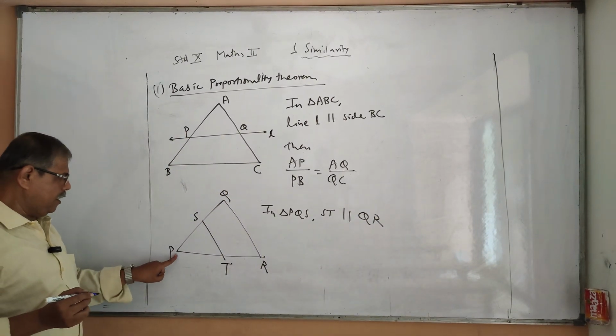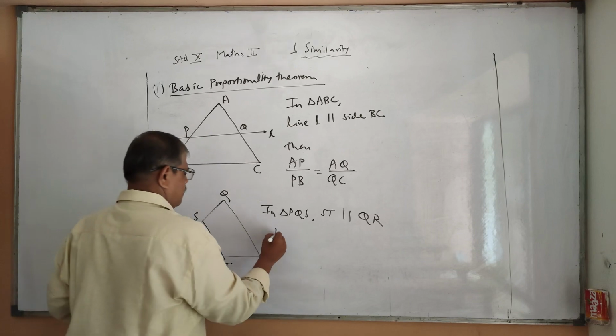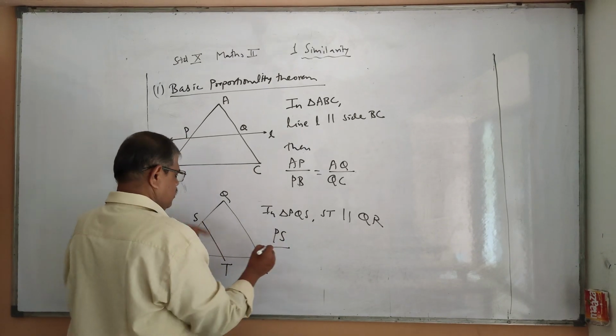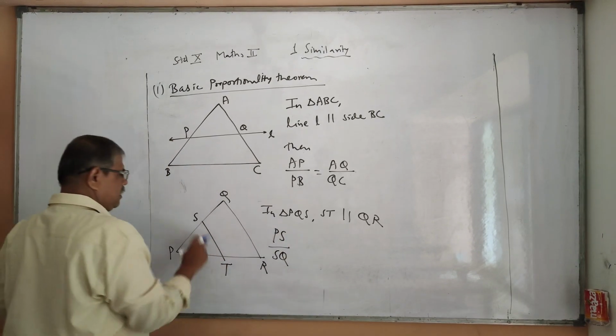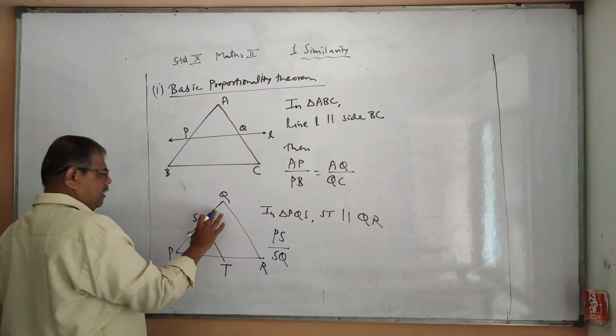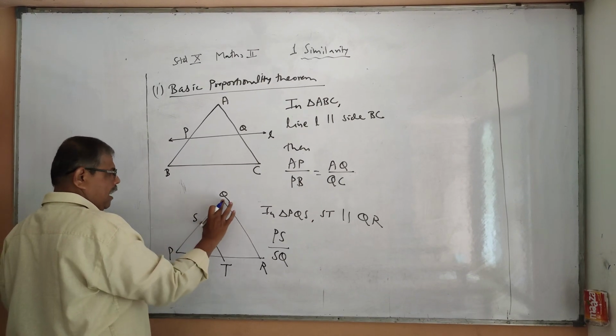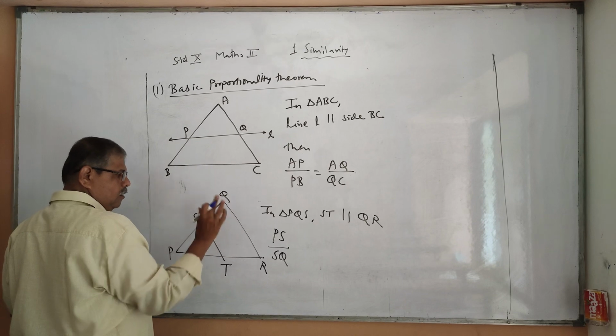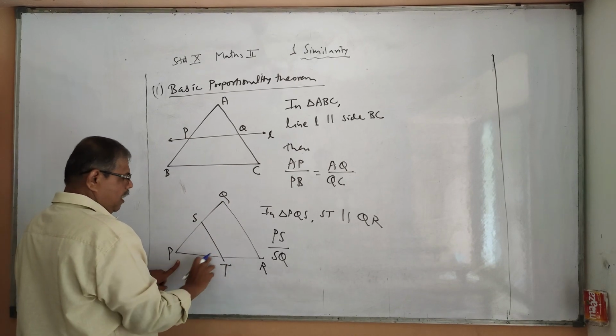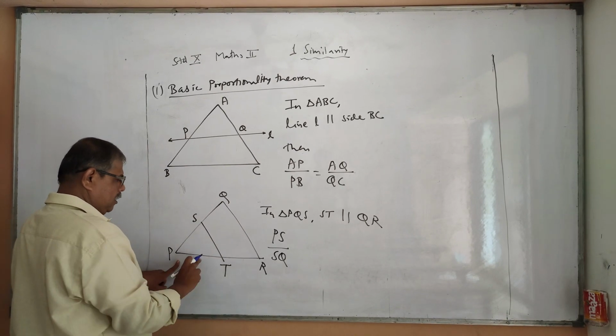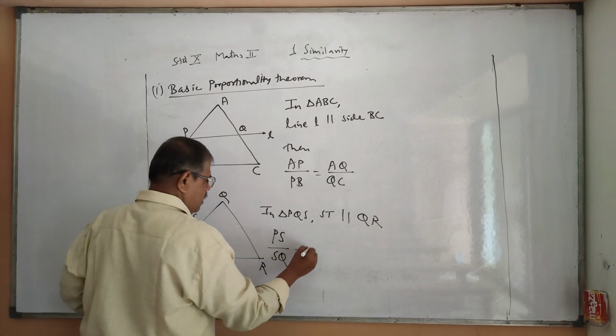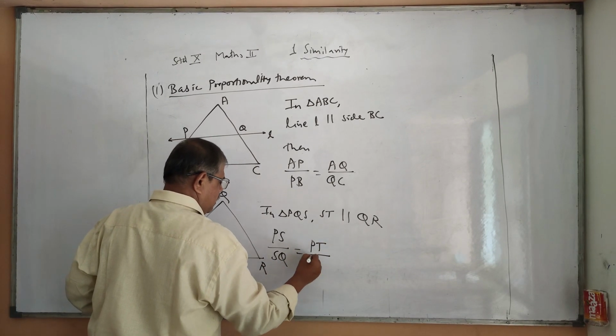Start from here: PS upon SQ. Because of this ST, I get two parts of the side PQ, that is PS and SQ. Their ratio is equal to the two parts of the side PR, that is PT and TR. So it is equal to PT upon TR.